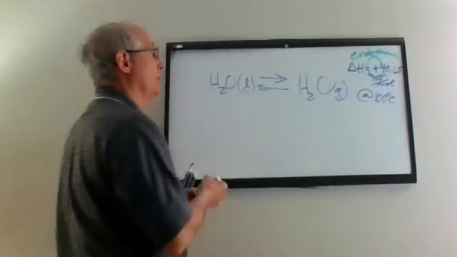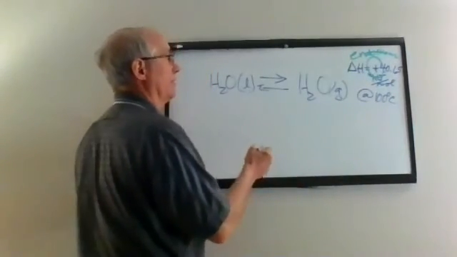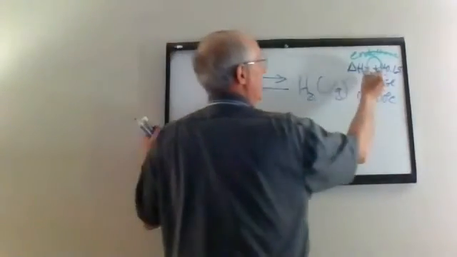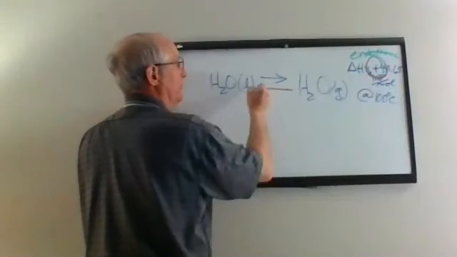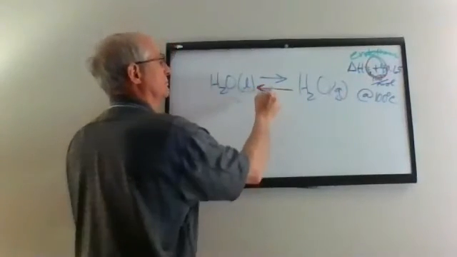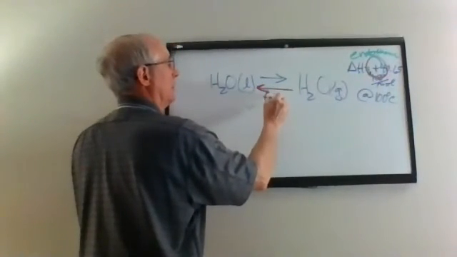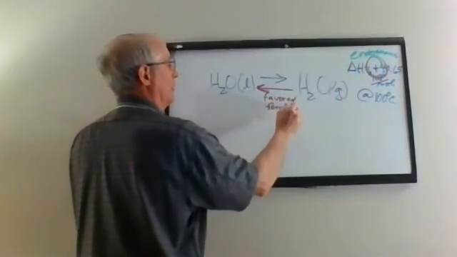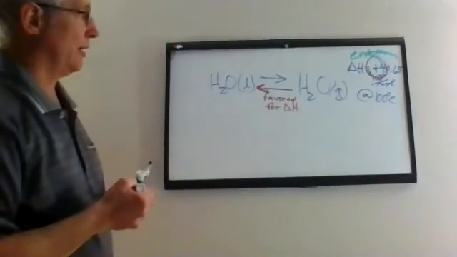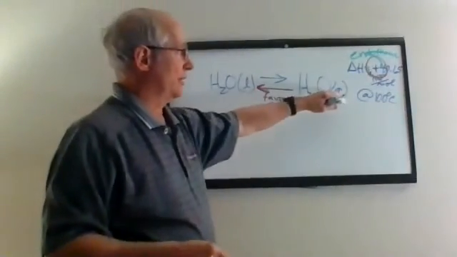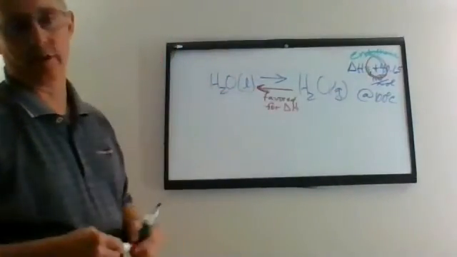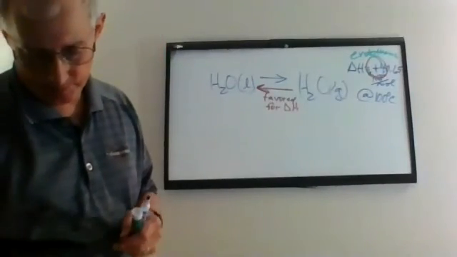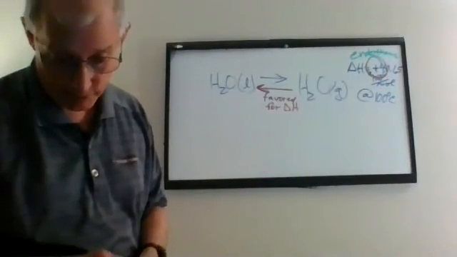Well, enthalpy favors going negative. And so from the viewpoint of enthalpy, it would like to be going that way, because delta H should be negative going that way. It would release heat. When you condense something, you release the heat of vaporization. Remember the molar heat of vaporization that we talked about earlier, previous chapter?